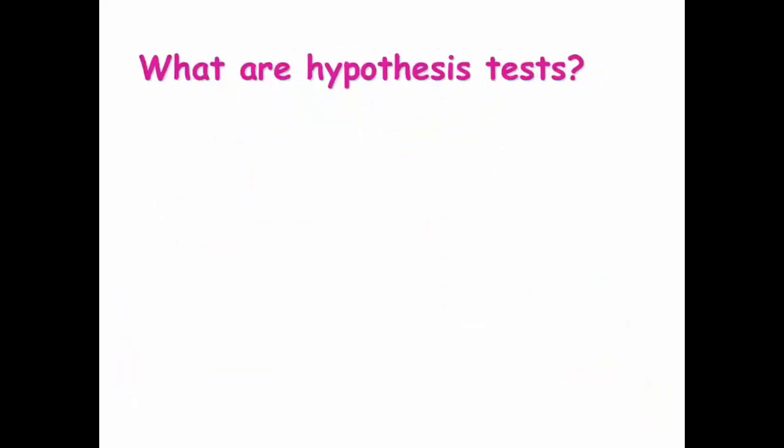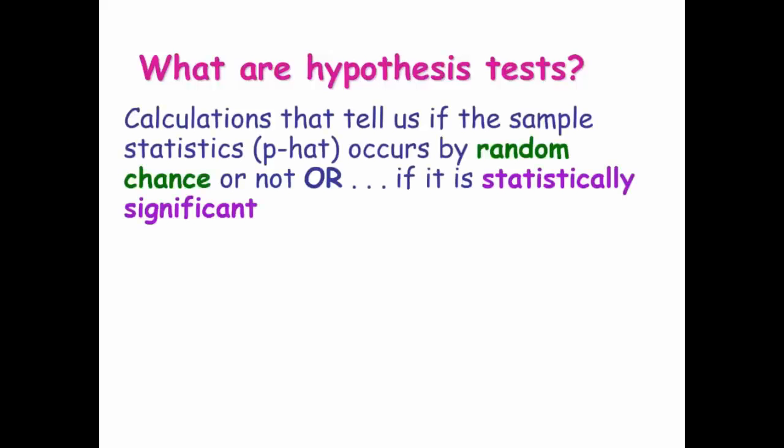Okay, so what exactly does a hypothesis test do? It is a calculation that tells us if a sample statistic or probability p hat occurs by random chance or not, or if it's statistically significant. In other words, go out and collect data, and I'm looking to see, is the sample something that's rare enough that I think there's something more going on, or is it just random?